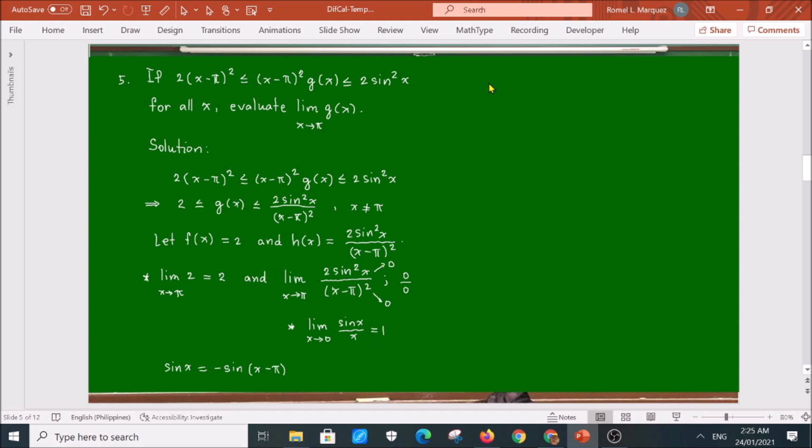So therefore, the limit as x approaches pi of 2 times sine squared x all over (x minus pi) quantity squared, I can rewrite this as the limit of 2 times sine of (x minus pi) quantity squared.